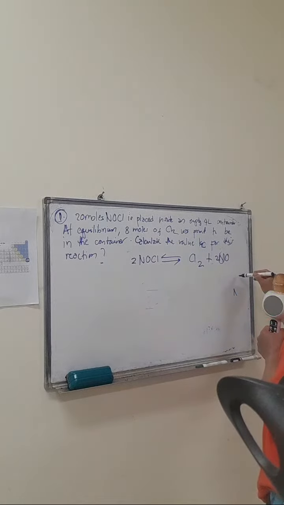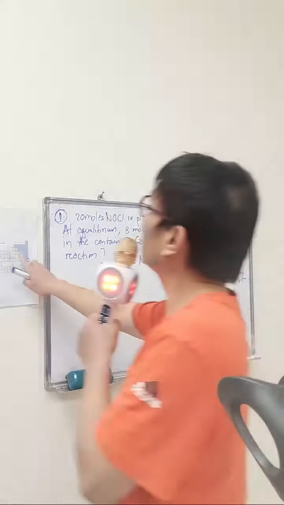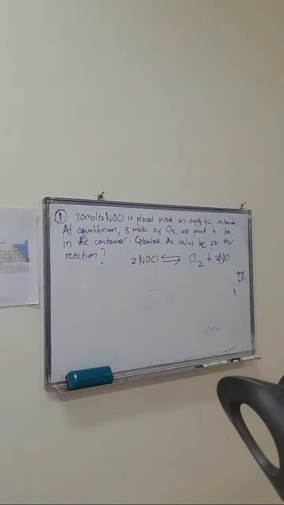It could be either positive 2, positive 3, or positive 5, because nitrogen is in group 5A. Check the periodic table. Group 5A corresponds to 5 valence electrons.